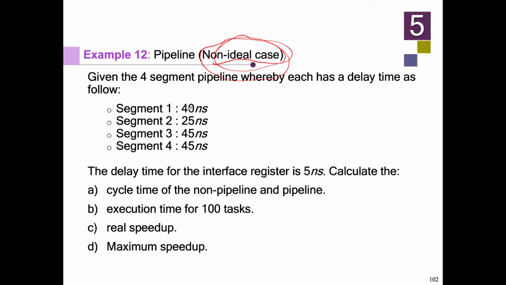If ideal, it would be similar. Given a 4-segment pipeline where each has a delay time as follows, segments 1, 2, 3 and 4. The delay time for the interface register is 5 nanoseconds. So it is already given to you, the delay time.